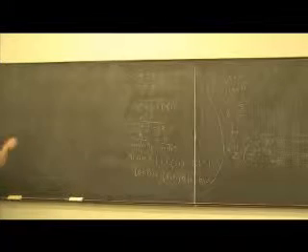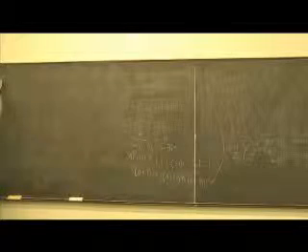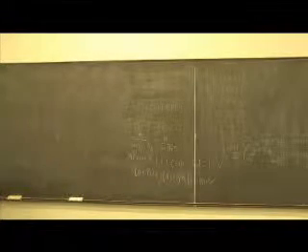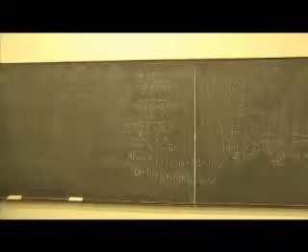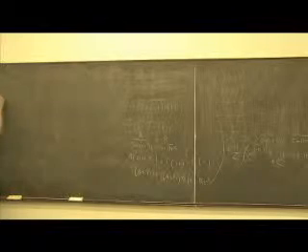3b, and we have s over s squared plus 4s plus 4. Now the bottom can easily be factored to s plus 2 squared.